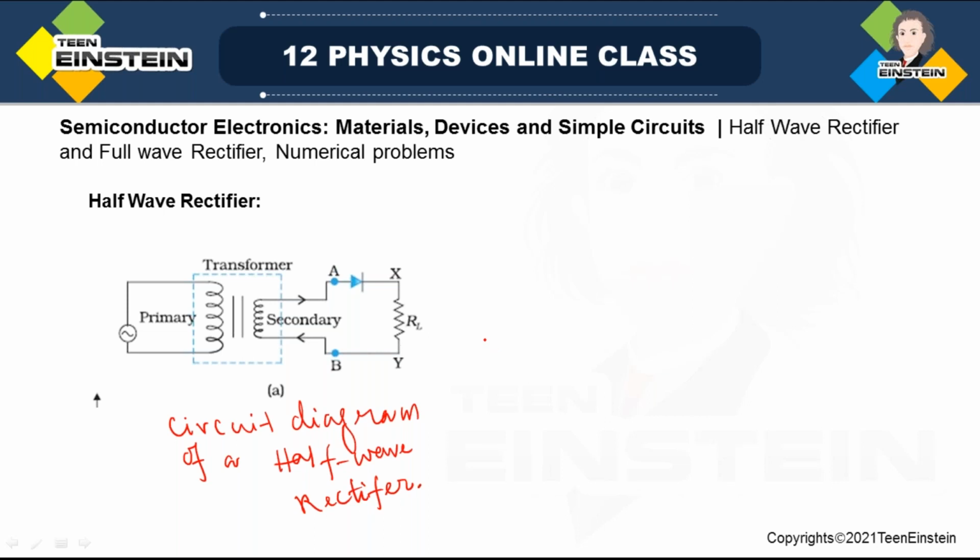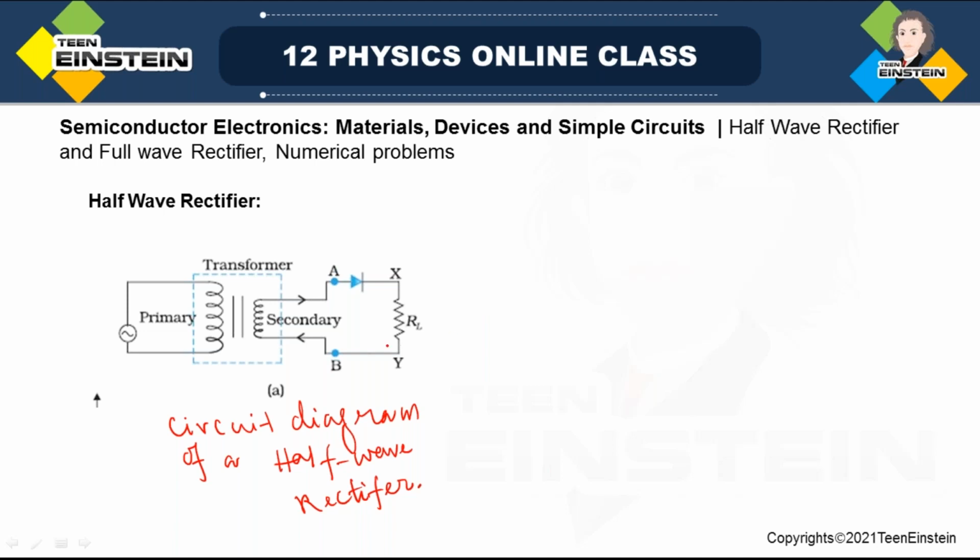What are the necessary circuit components we require to make a half wave rectifier using a PN junction diode?